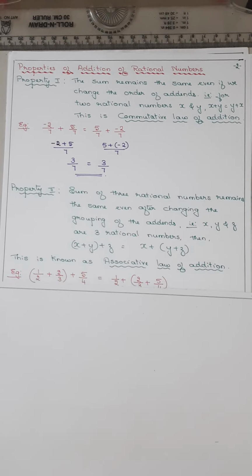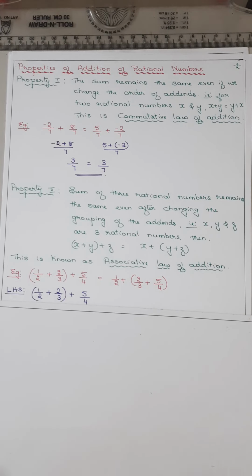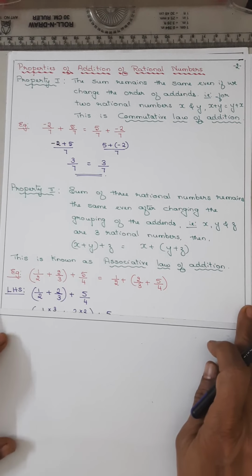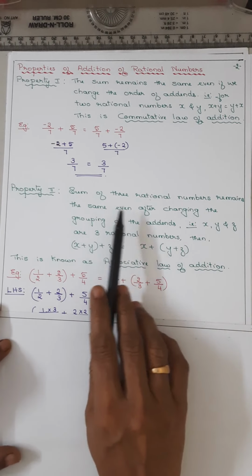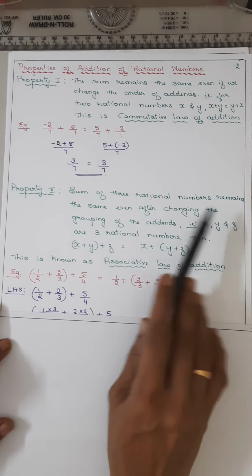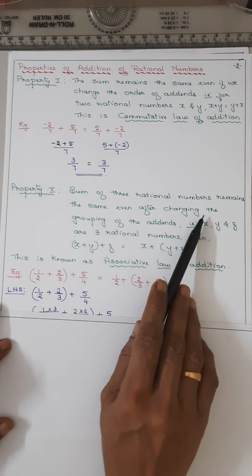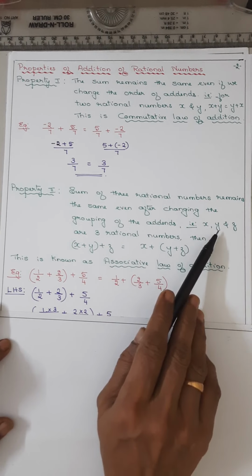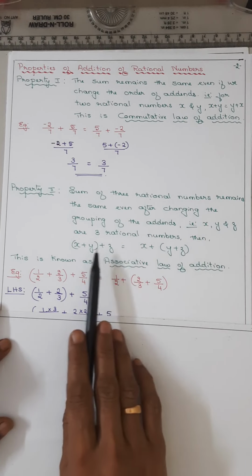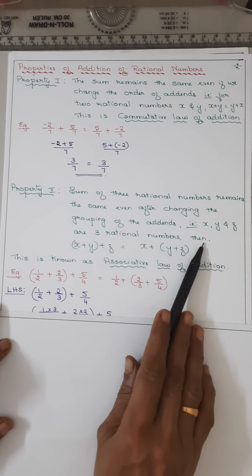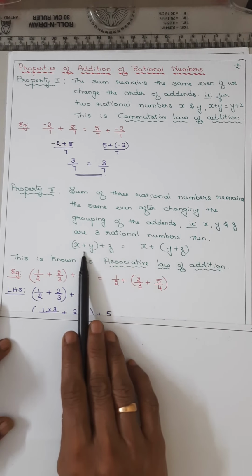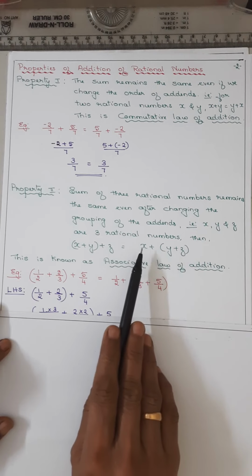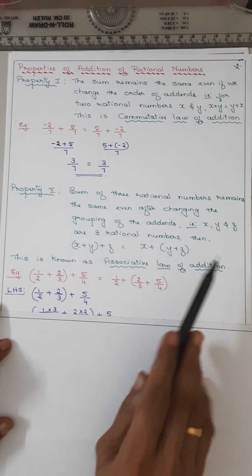Now coming to property 2, the associative property. Now what is the associative property? The sum of three rational numbers remains the same even after changing the grouping of the addends. That is, if x, y and z are three rational numbers, then x plus y plus z is equal to x plus y plus z.